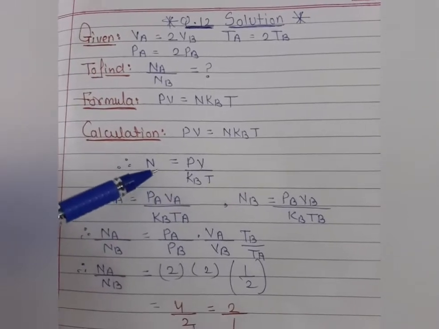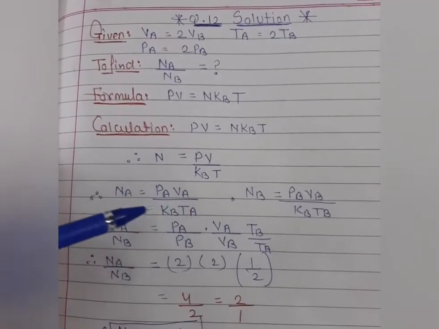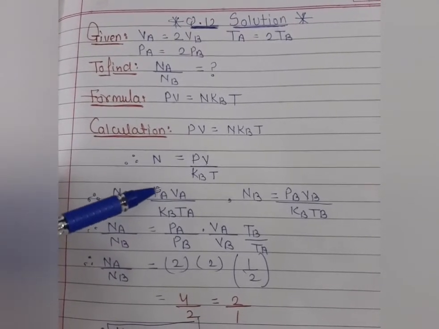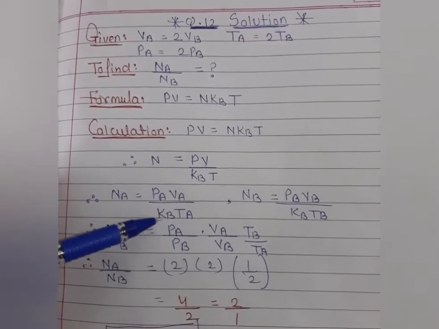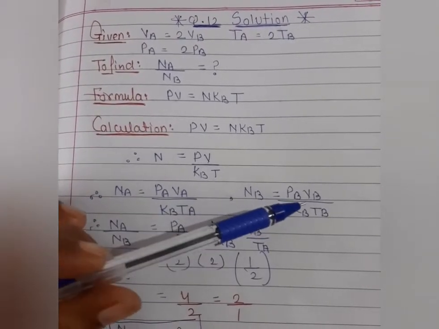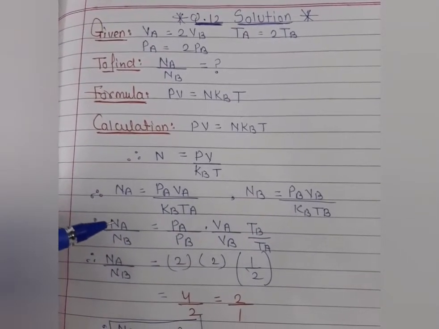Clear? So let's take N for vessel A and N for vessel B. So here the formula changes for vessel A: PA VA upon KB TA, and for vessel B: PB VB upon KB TB. Now let's take the ratio Na upon Nb.